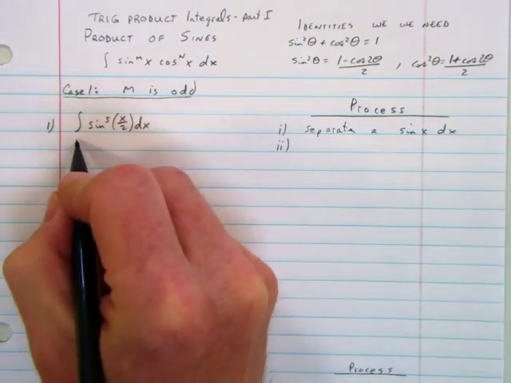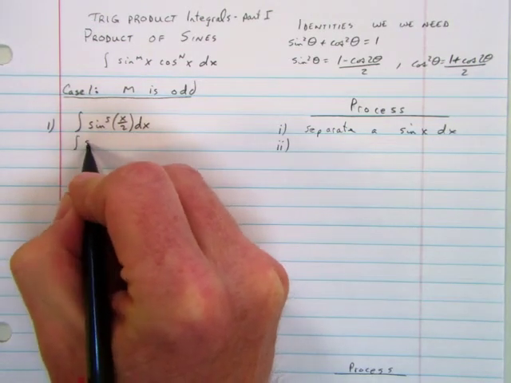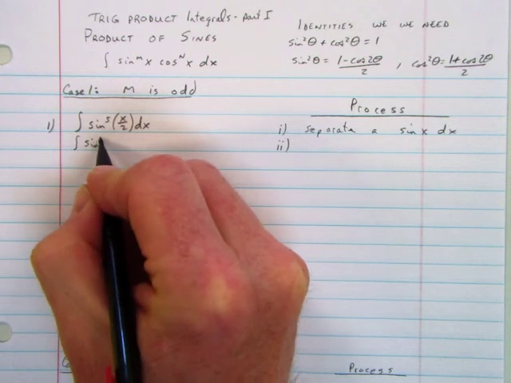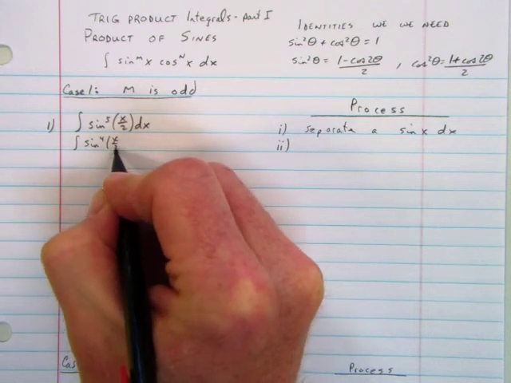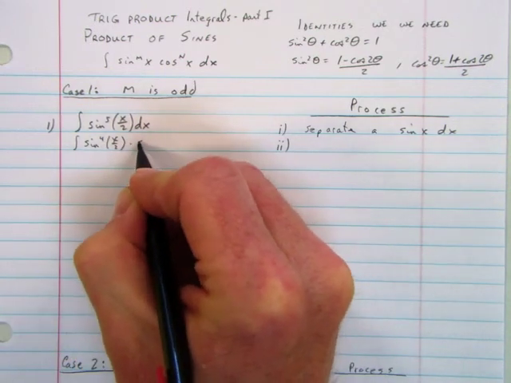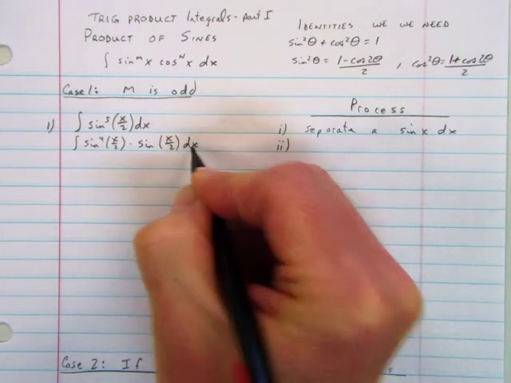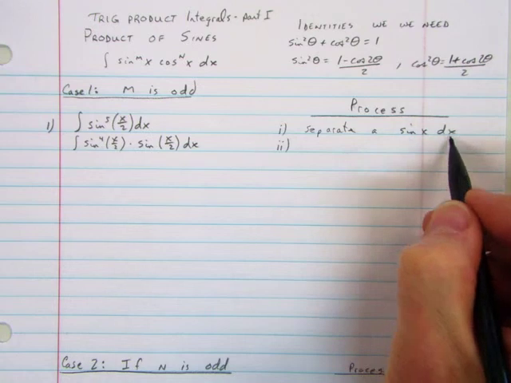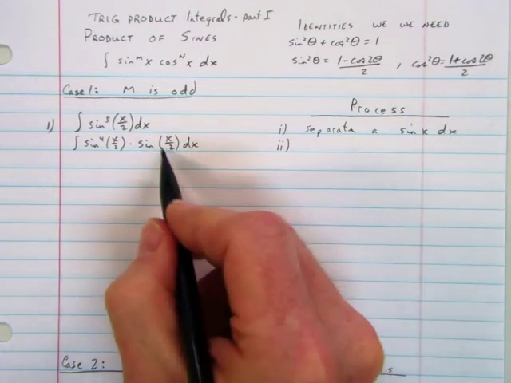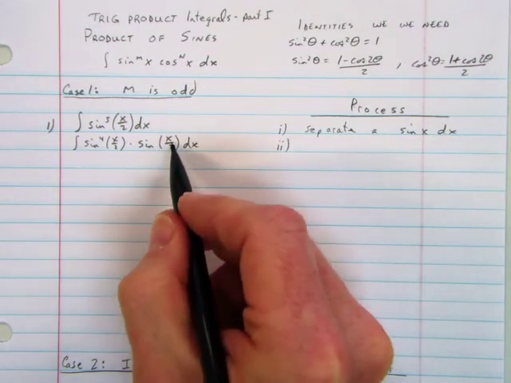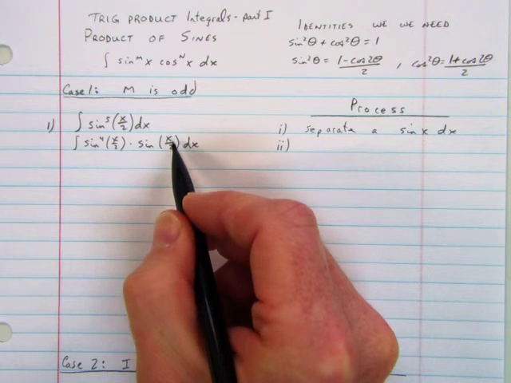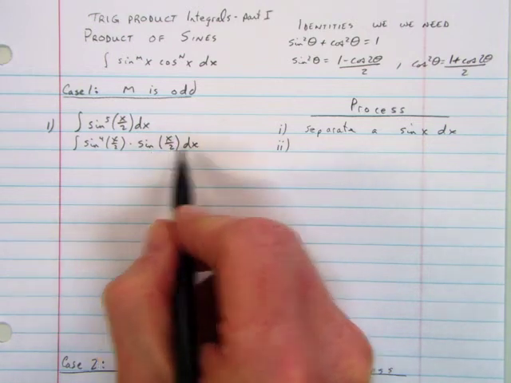So we'll write sine to the 4th of x over 2 times sine of x over 2 dx. We need to take out a sine x dx, and that's what we have.